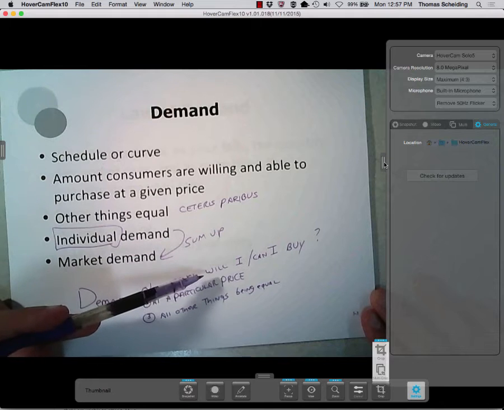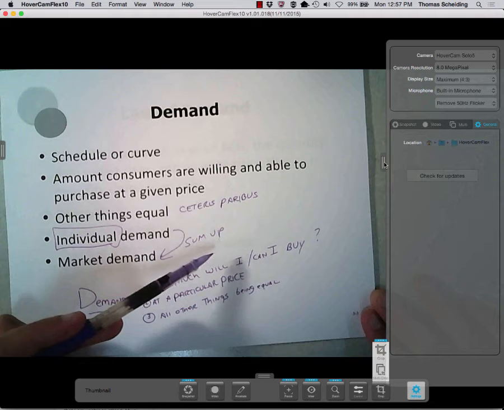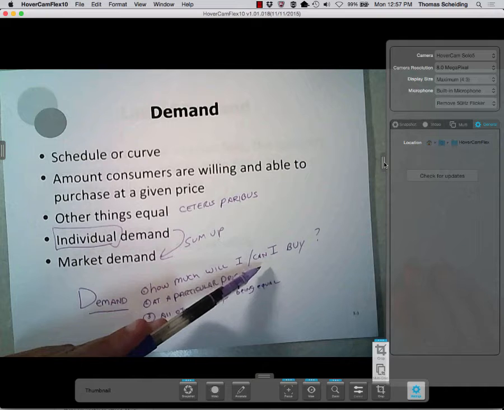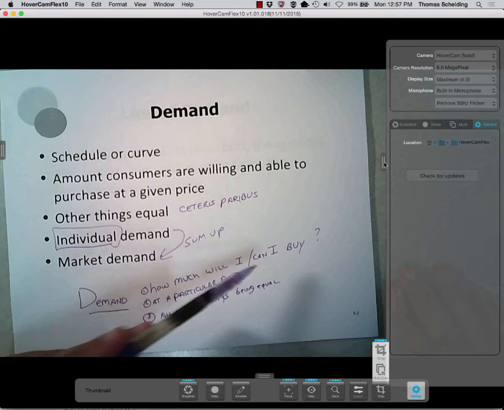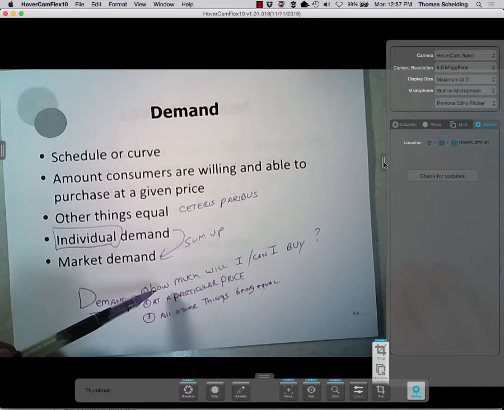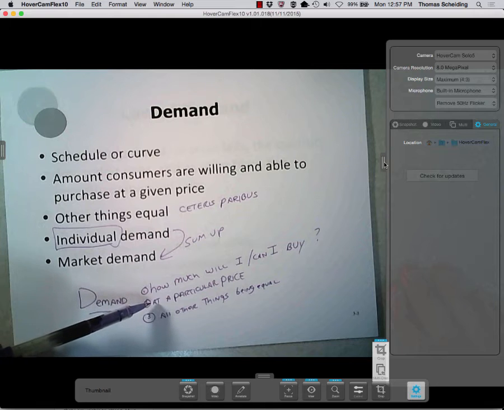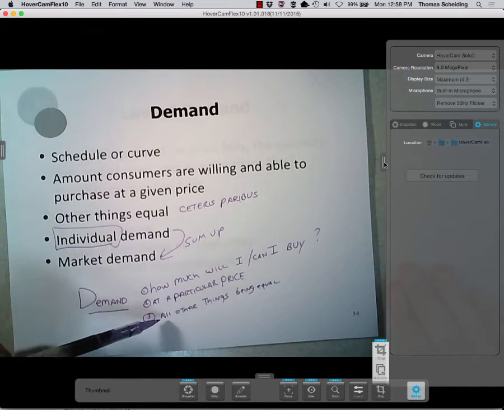So "will I" is implying that I have a preference to buy it, right? That I would want that thing. The "can I" is saying something about, do I have the ability to buy it, right? Do I have the income to buy it? So it's a question of what quantity, or how much, will I, can I buy at a particular price, all other things being equal.